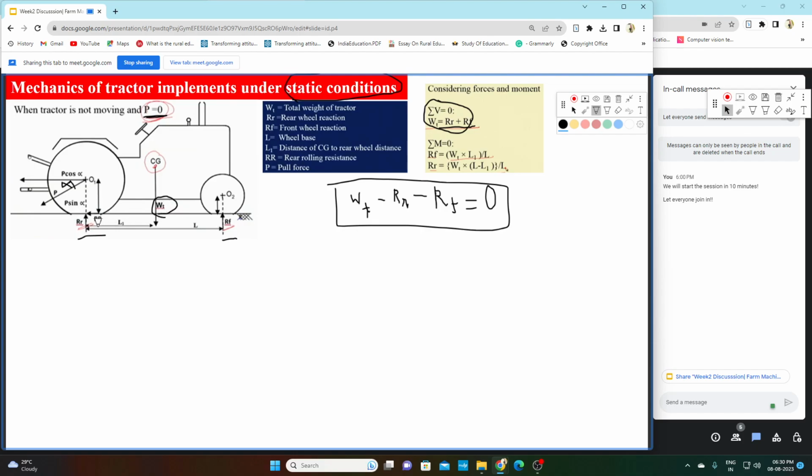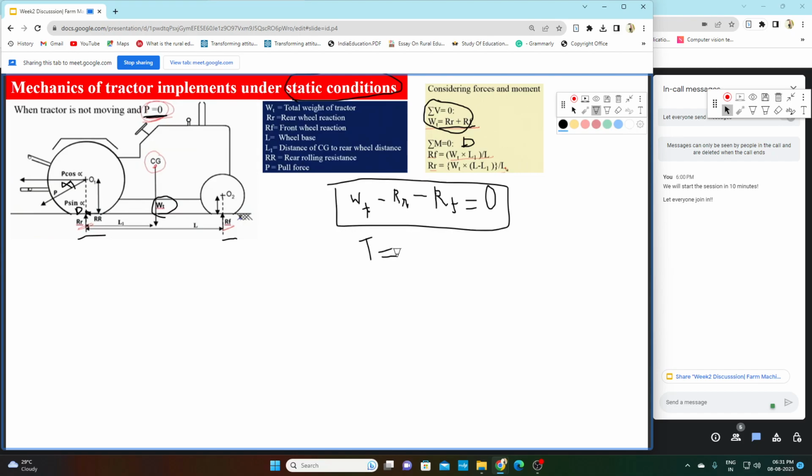Whenever we are taking moment, we are taking moment at a particular point. So in this equation we are taking moment at this point. Let me mark it as D. So we are taking moment at D. Moment is, you can think of moment as torque.